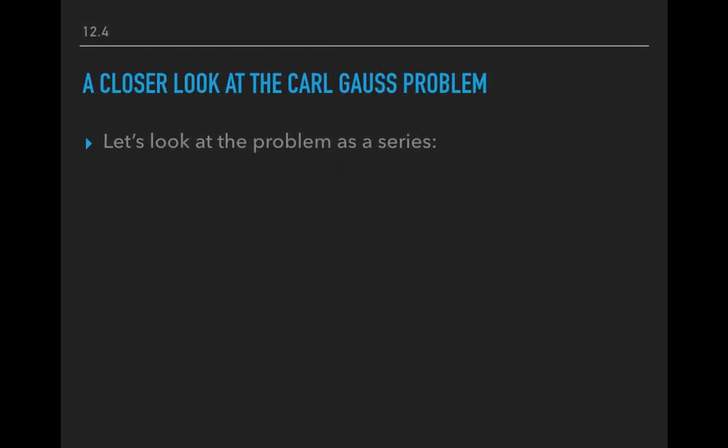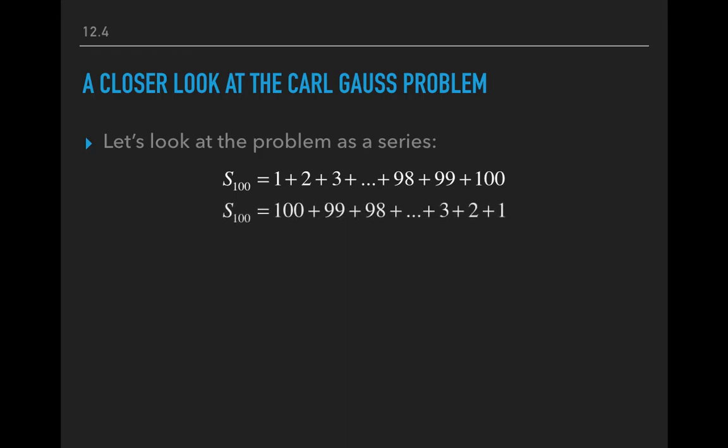Now I want us to look a little bit more at that problem by little Carl Gauss. The sum of those 100 terms, S sub 100, would be 1, 2, 3, all the way to 100. Imagine if we wrote that again and added these together. Just follow along with me here. It's not going to be real clear at the beginning, but I'm going to show you a formula that we can derive from this.